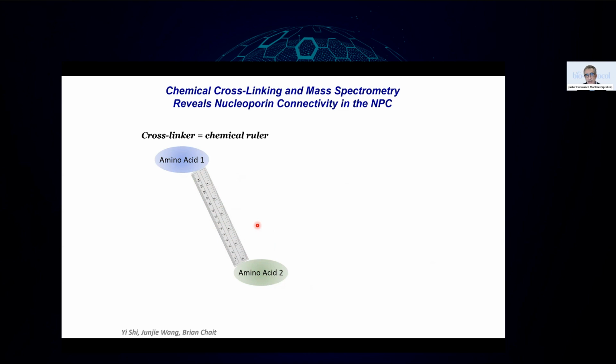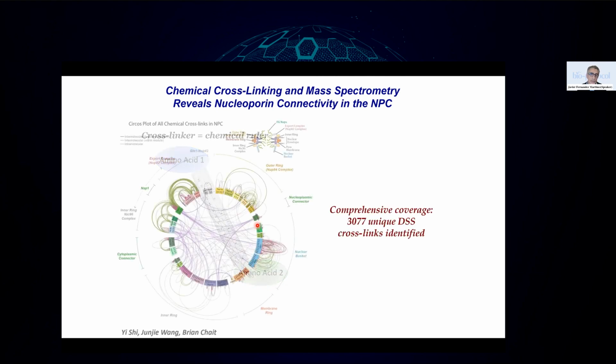In the case of the NPC, and because we had this new, very efficient affinity purified prep, we were able to take this type of analysis to a whole new level and gather more than 3,000 unique crosslinks that cover basically all the different components of the nuclear pore complex.